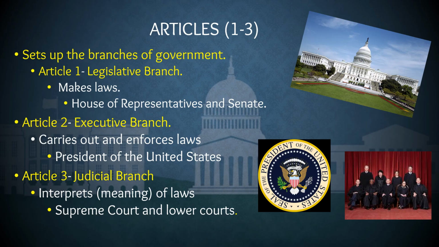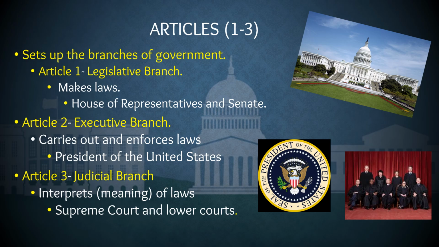Let's talk about Articles 1 through 3, which basically set up the branches of government. So remember, guys, Articles 1 through 3 set up the branches of government. Article 1 deals with the legislative branch, which makes the laws. And the legislative branch consists of the House of Representatives and the United States Senate.